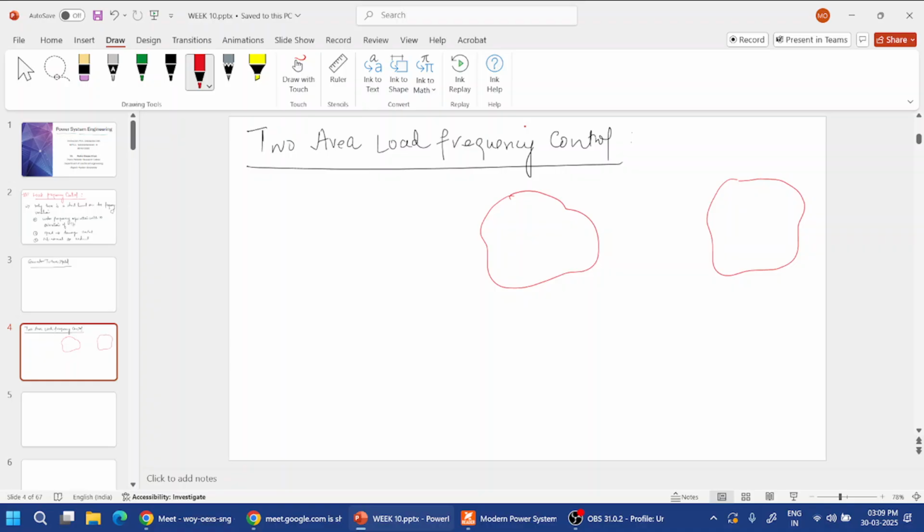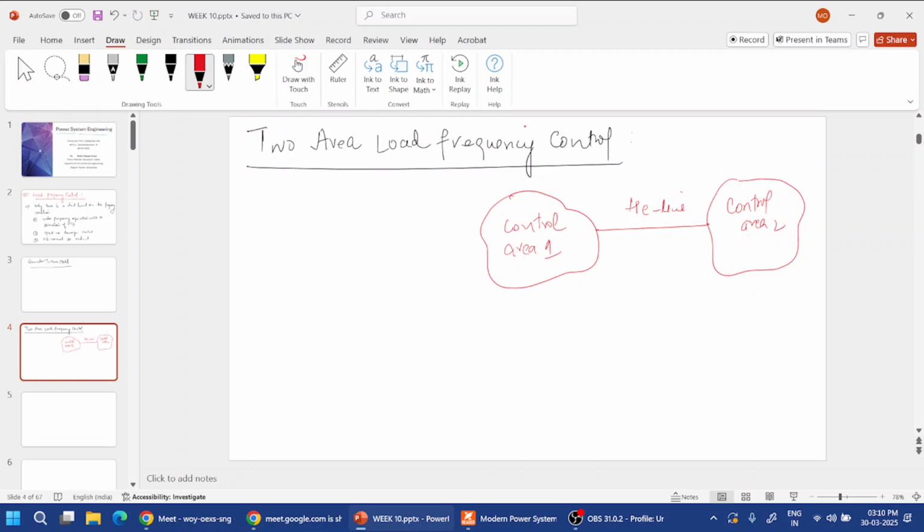This is control area 1 and this is control area 2, and they are connected by a tie line which connects these areas. Now the objective here is how to control the power flow between them, which will eventually regulate the frequency.